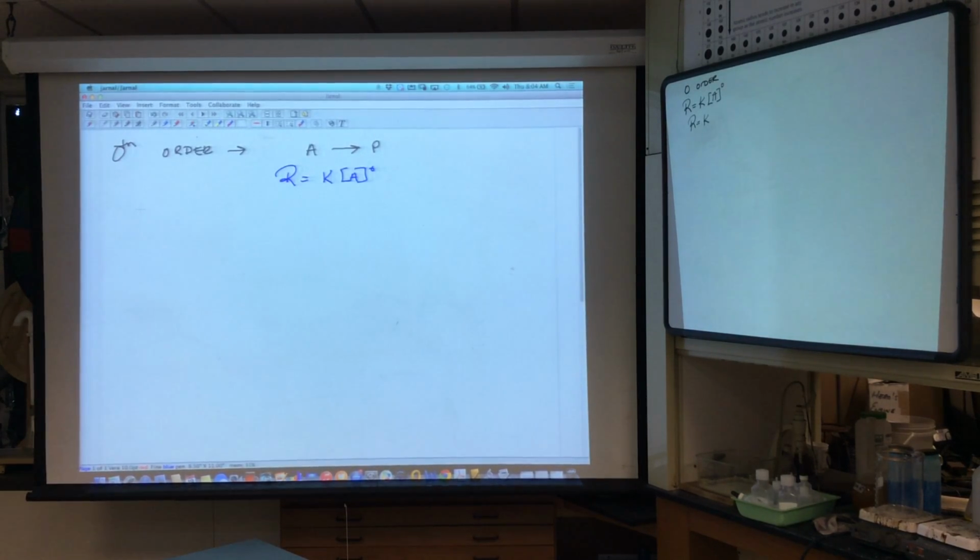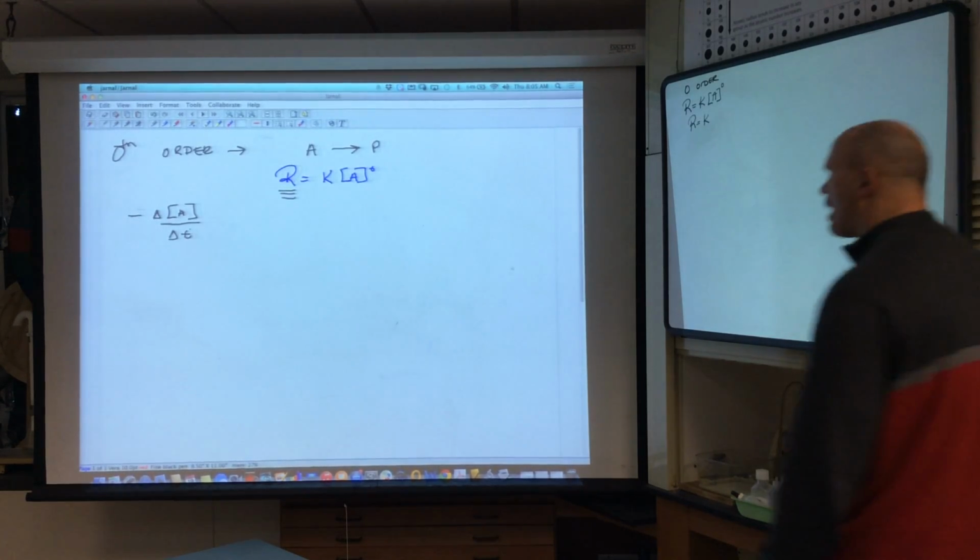Now, let's write the rate law a little differently, or the rate. I can talk about rate in terms of the disappearance of A. So let's do that. So I've got negative, okay, change in the concentration of A over the change in time. That is equal to my rate, right?